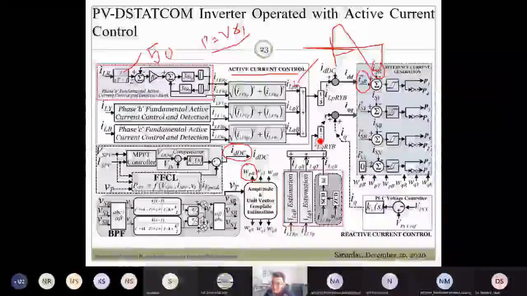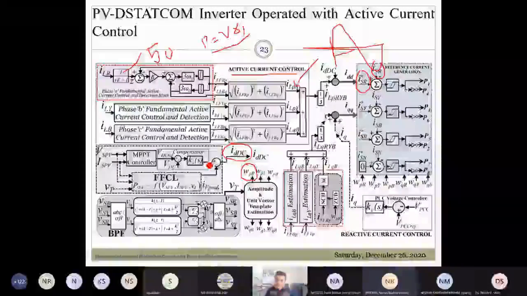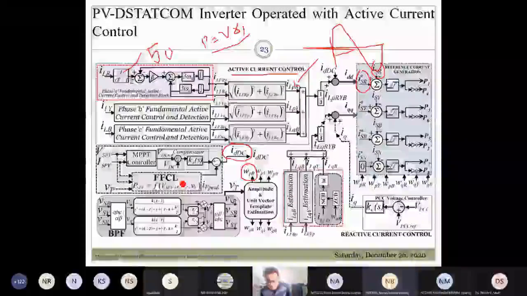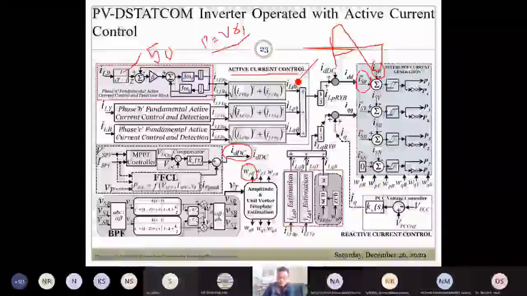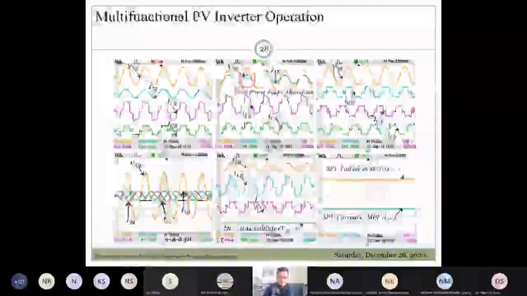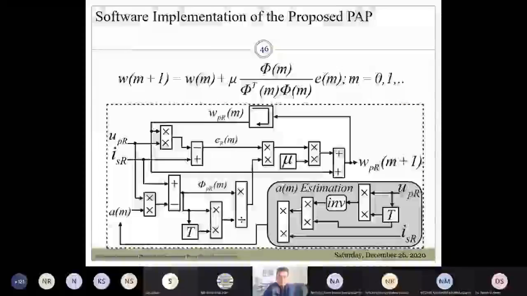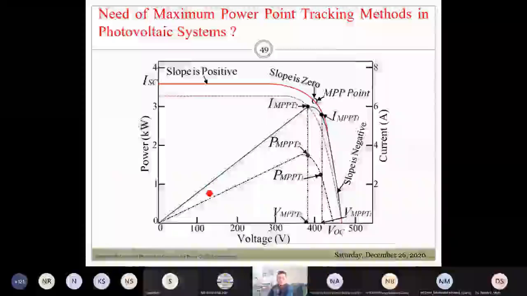Sir, can you again explain this FFCL loop? What is the exact use of FFCL in this control? Okay, so you might have seen the characteristic of the PV module. Please have a look at this point.